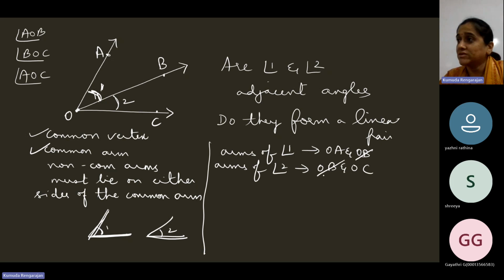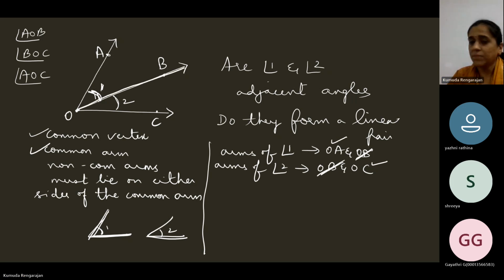OA and OC. And where do they lie? They lie on either side of the common arm. See, OB is the common arm. OA and OC lie on either sides of the common arm.